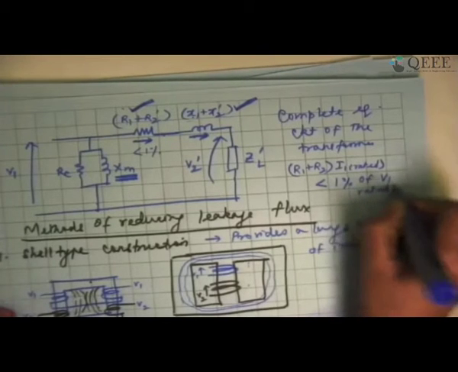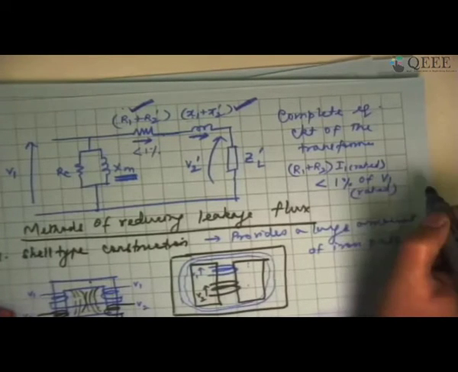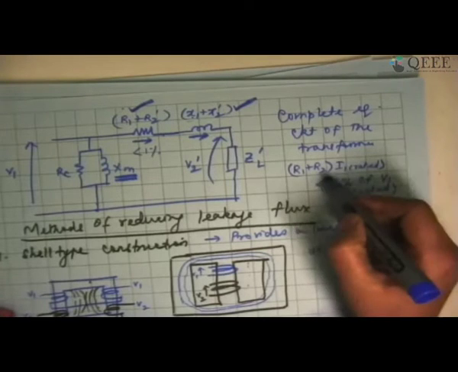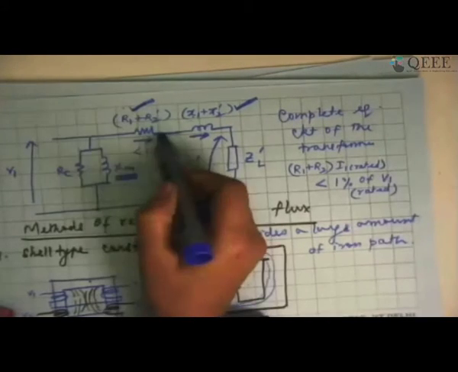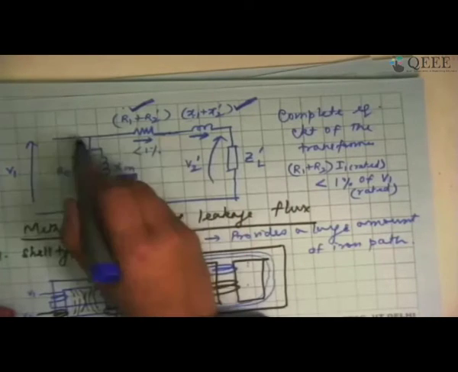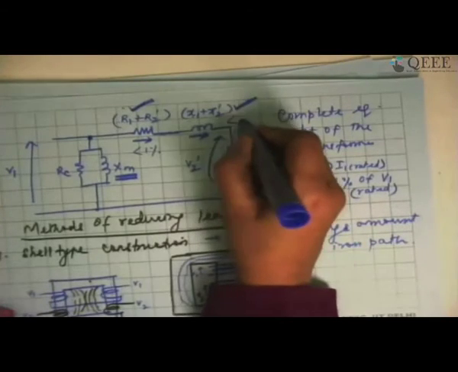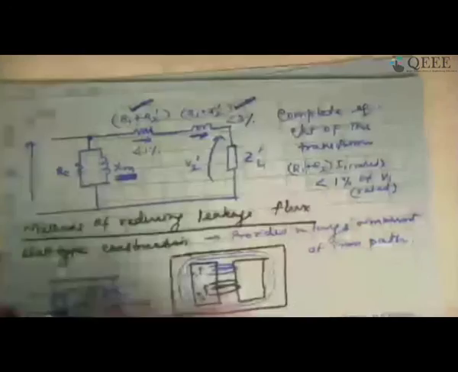If V1 is 200 volts, R1 plus R2 multiplied by I1 rated will normally be less than 2 volts. So if the drop is so little, you don't have to really worry about that being shifted beyond this point. There is nothing wrong. Similarly, X1 plus X2 normally will be less than 3 to 4%.